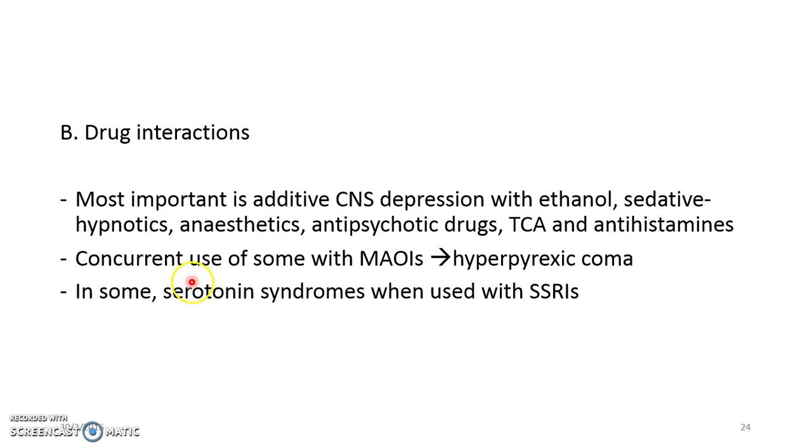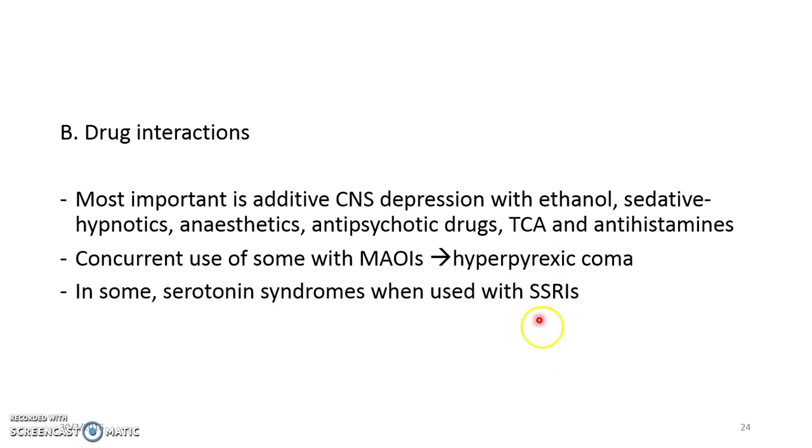Concurrent use of some opioids with monoamine oxidase inhibitors may increase the incidence of hyperpyrexic coma. This is especially so with meperidine, and in some patients, meperidine and also some other drugs like fentanyl have been implicated in causing serotonin syndrome when used with the serotonin specific reuptake inhibitors, SSRIs.